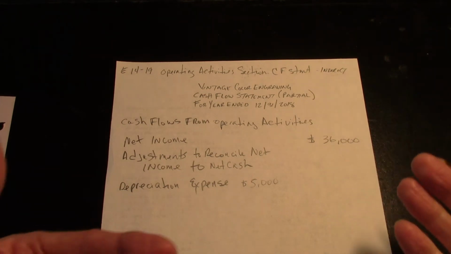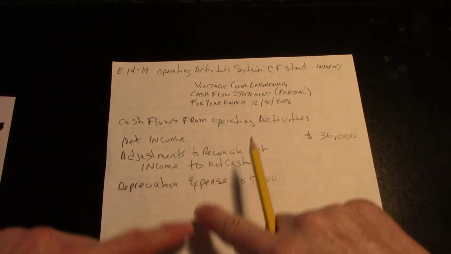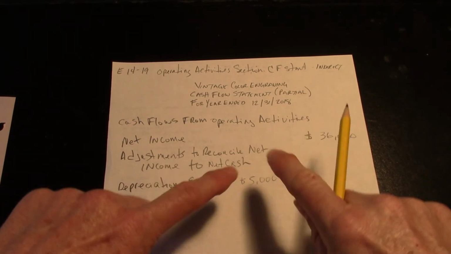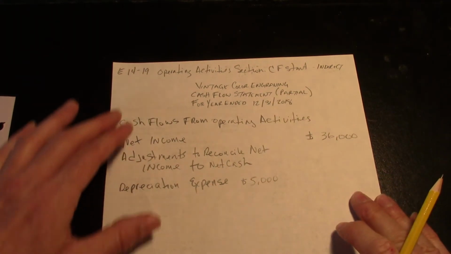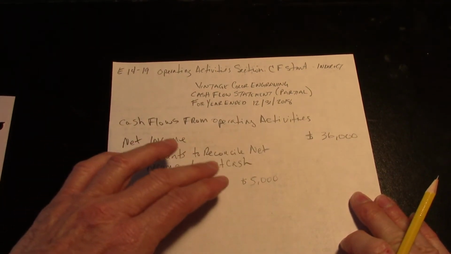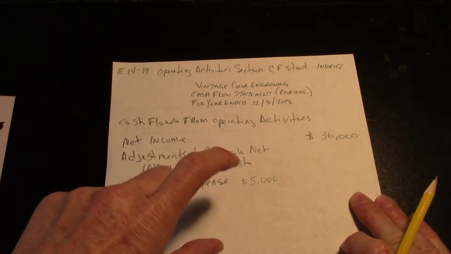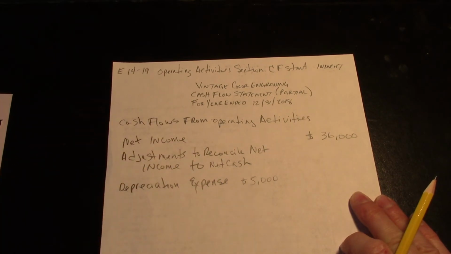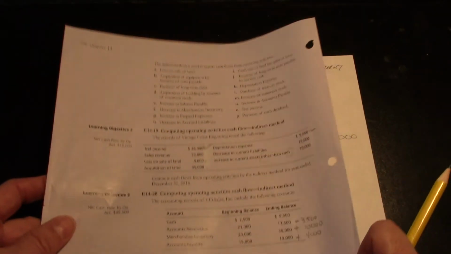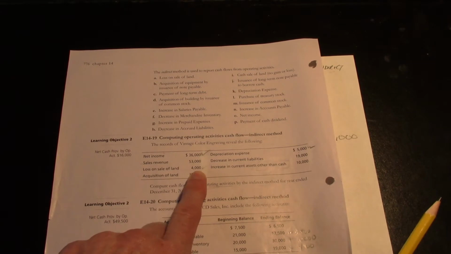Now we would look at the changes and add or subtract them from the balance sheet across 2 years. Did the balance sheet number increase or decrease? And we're looking only at current, right? Because current assets and current liabilities are what go into operating activities, right? That's your working capital items. All right. So in this case, we had a loss on sale of land.